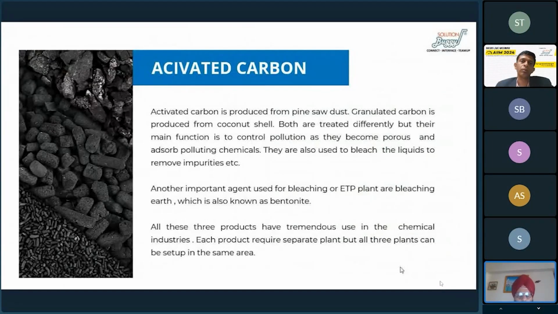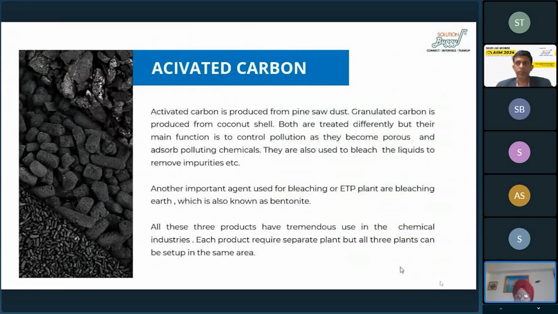Even in RO water systems these carbons are used. And industries also use it to get pure water, or for liquids or solvents which are to be purified from impurities. There also this activated carbon is used.